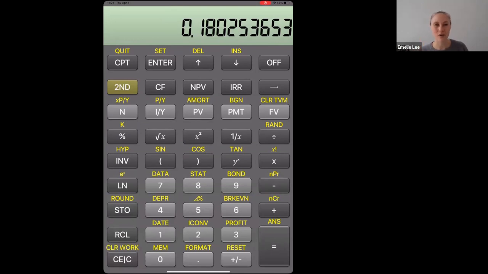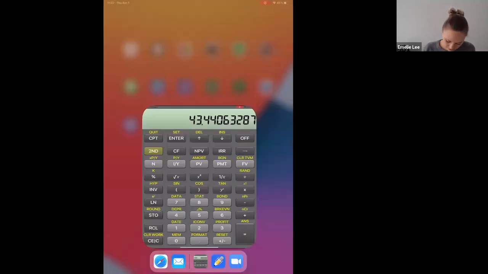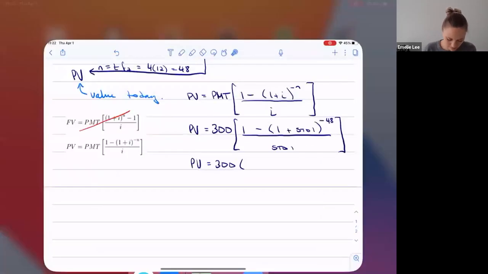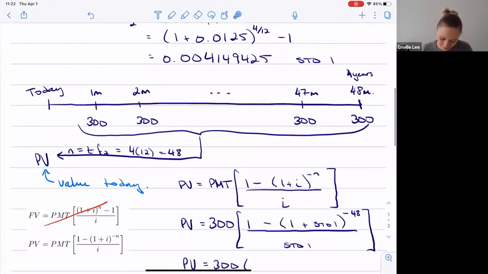Then divided by recall 1, equals. So now I have 43.4406 something or other. I'm going to recreate the magic over here, because I didn't do any work on here.